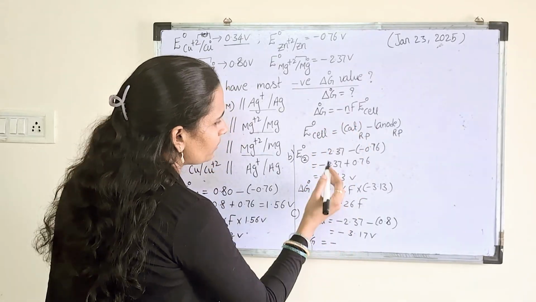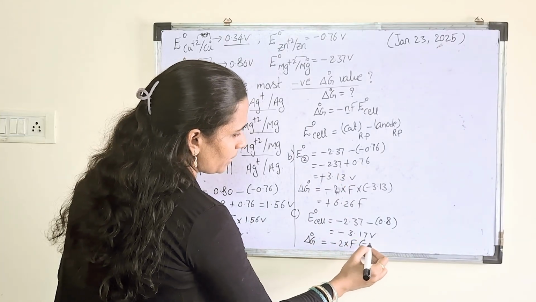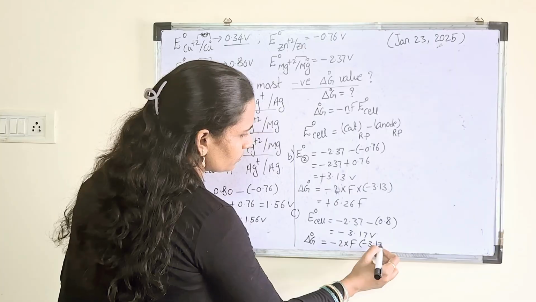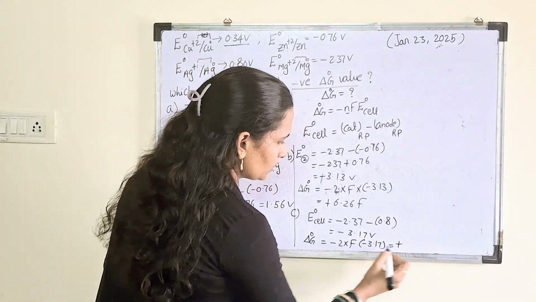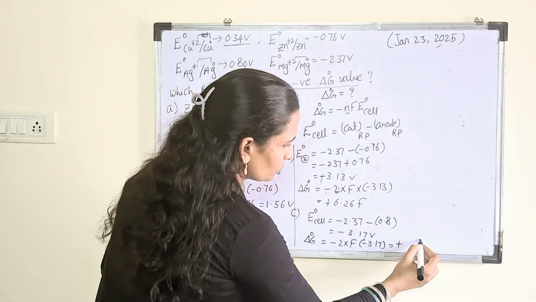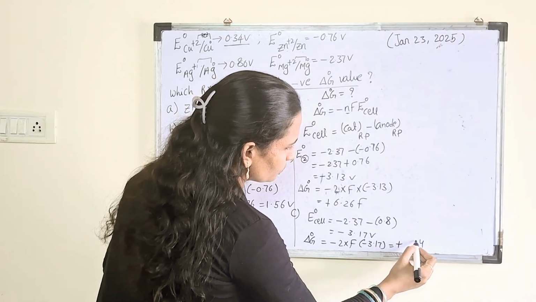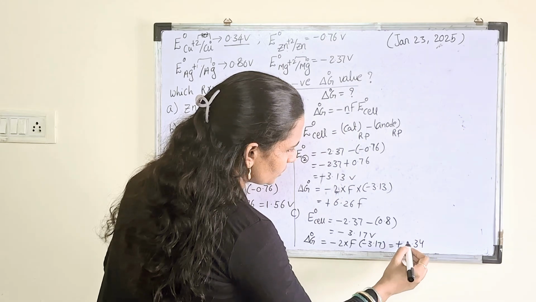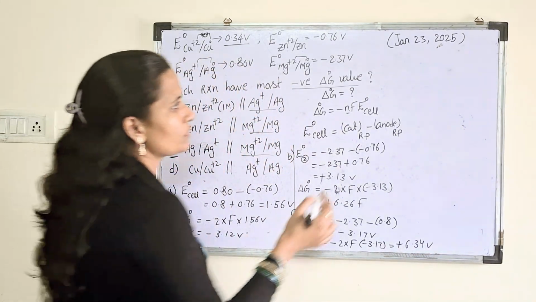So minus, N value is 2, Faraday, and E naught cell is minus 3.17. Minus of minus is plus. So 2 into 3.17 is 6.34 Faraday for the third equation.